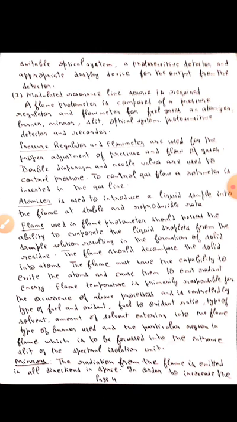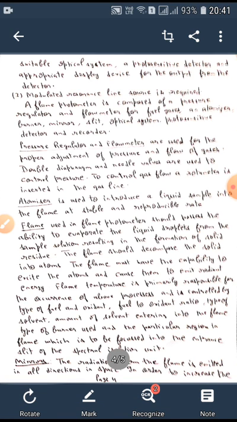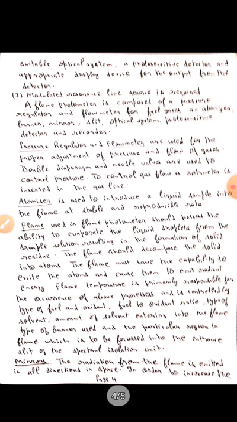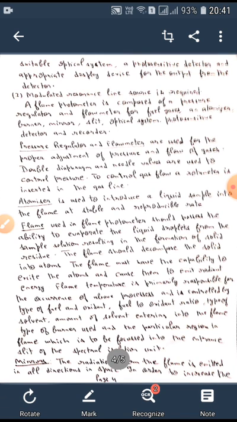Flame temperature is primarily responsible for the occurrence of the above processes, and the temperature of the flame is controlled by the type of fuel used, type of oxidant, fuel to oxidant ratio, type of solvent, amount of solvent entering into the flame, type of burner used, and the particular region in the flame which is to be focused into the entrance slit of the spectral isolation unit. That is the specific region which we need to focus.